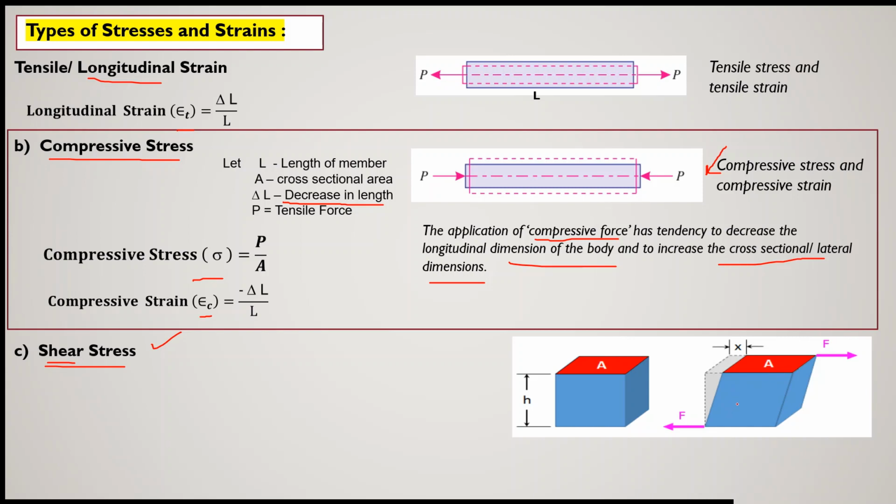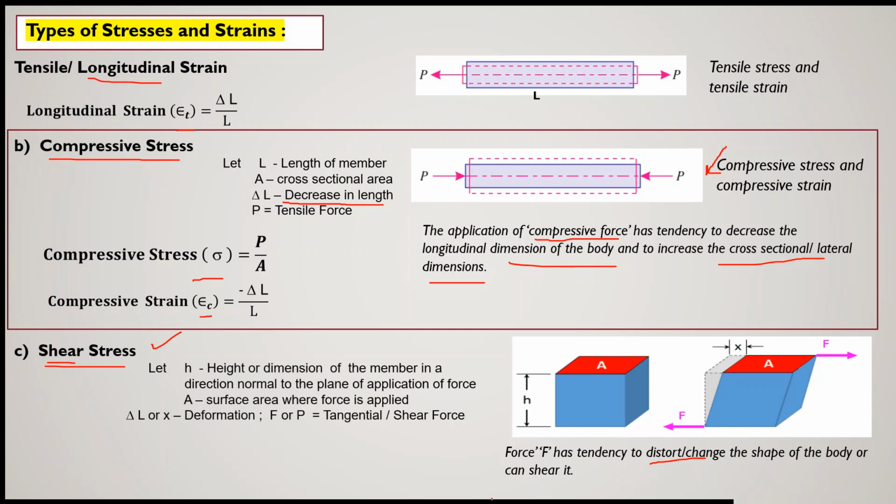Now force is acting on this surface. So this force has the tendency to distort or change the shape of the body, or it can shear it. Now here the terminology which we use: h is the height. Keep in mind h is the height or dimension of the member in a direction normal to the plane of application of force.